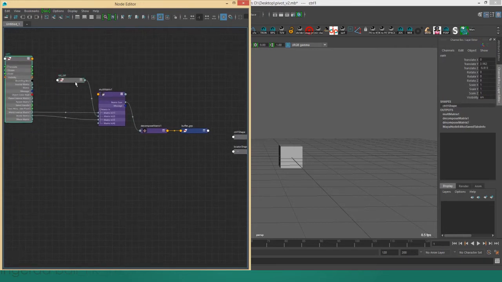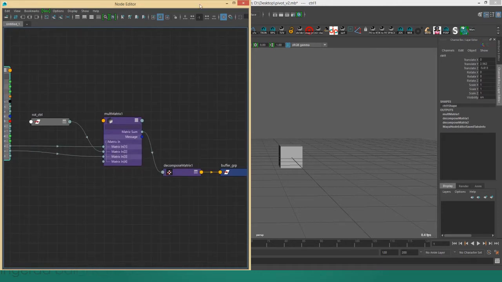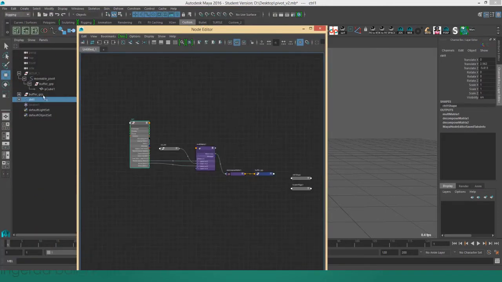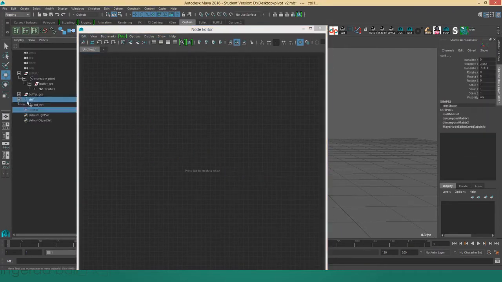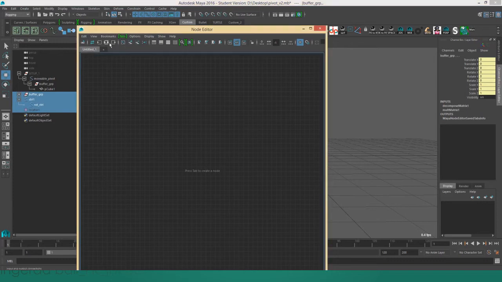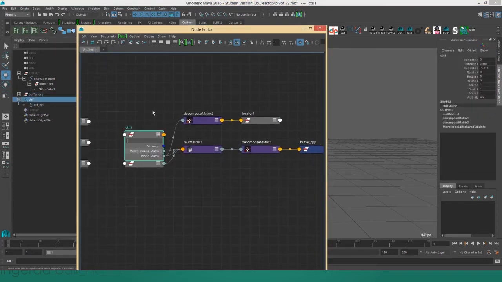So the first thing that we do is we take the world inverse matrix of control 1. And actually I will bring back that stuff. So I have control 1, which is the green one, that's the parent of the other red one.